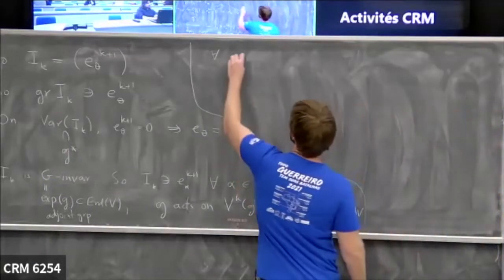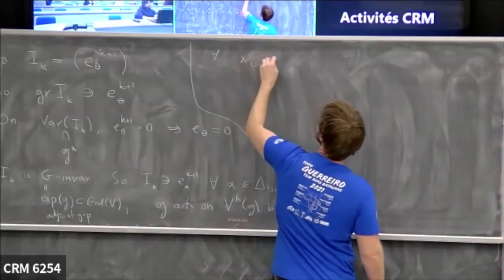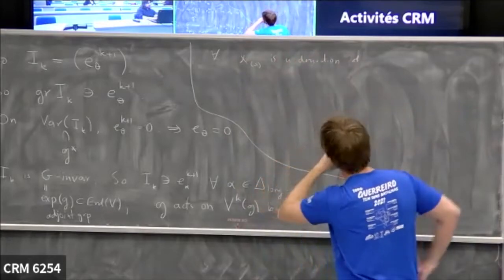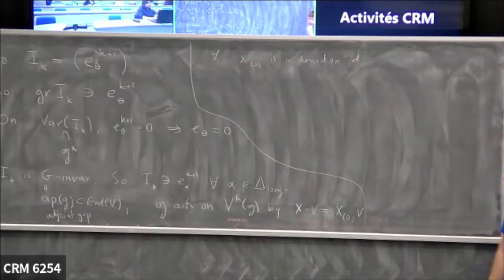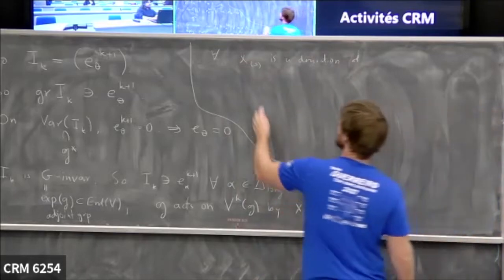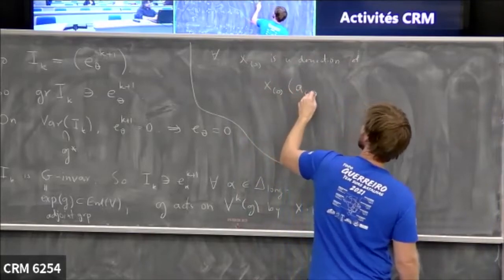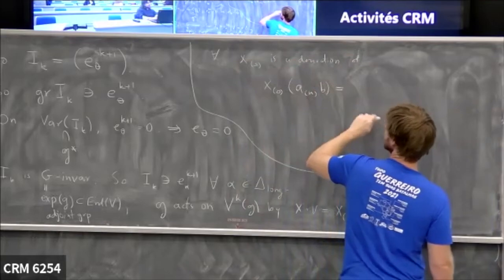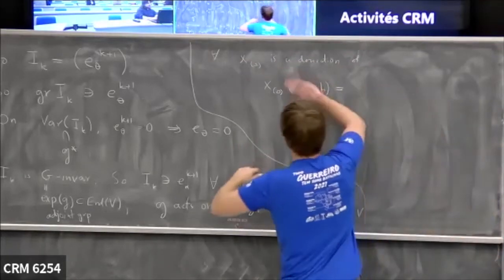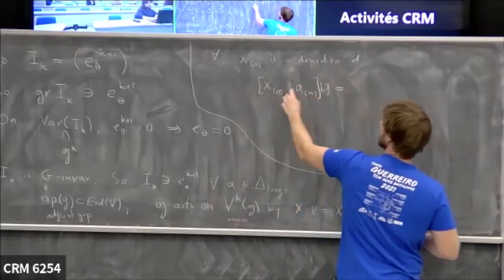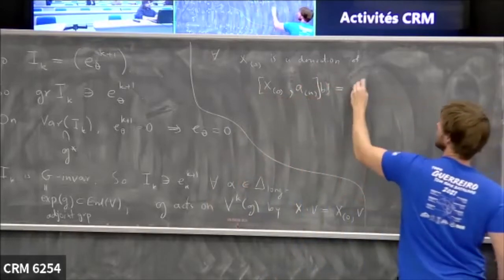In particular, x_0 is a derivation of all the nth products, I think. x_0 of a_n b is the commutator of x_0 and a_n, and there's a formula for this.